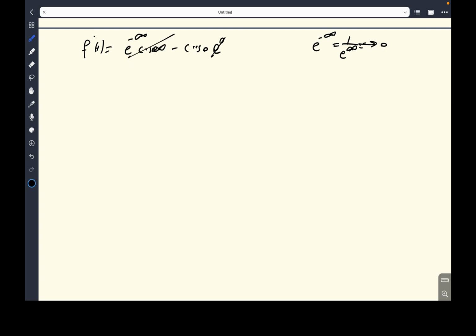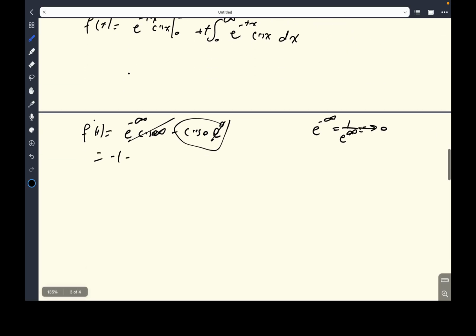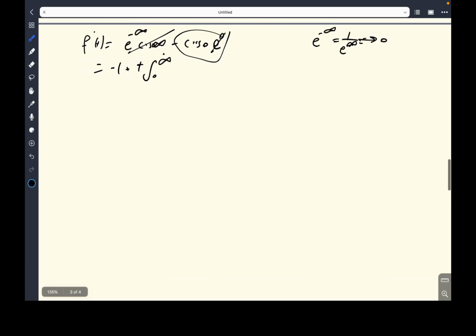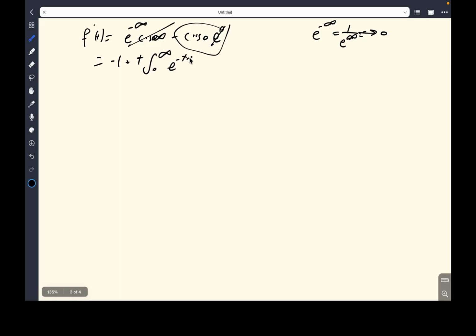So this is going to go away, and only this term remains, which is going to be negative 1 plus t, the integral from 0 to infinity of e to the negative tx cosine x dx.